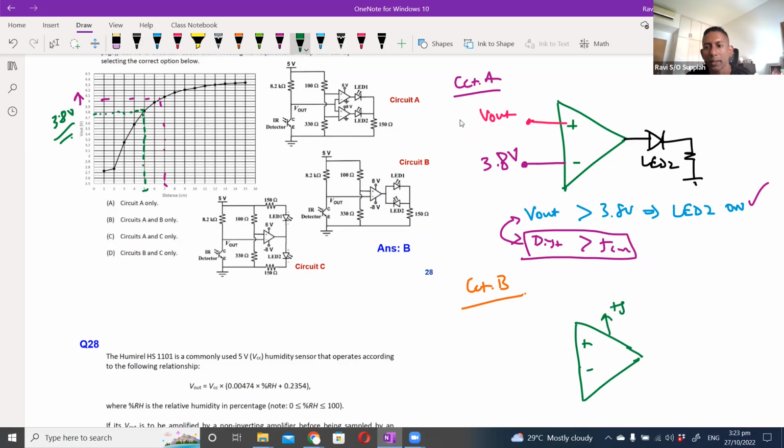You have plus 8 and negative 8, and you have the positive terminal connected to the 3.8 volt, and your negative terminal connected to the Vout. And then you have two LEDs.